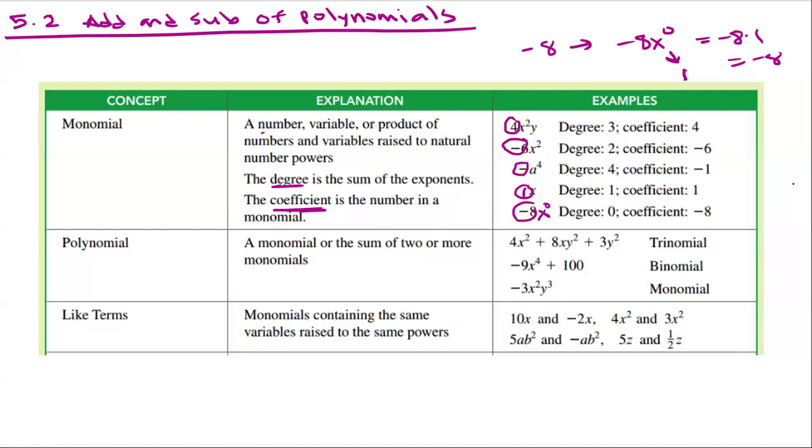All right. Polynomial. A polynomial means a monomial or the sum of two or more monomials. So the bottom one here is a monomial. It has one term. This one is a binomial because it has two terms: negative 9x to the fourth and then 100. So that's a binomial.